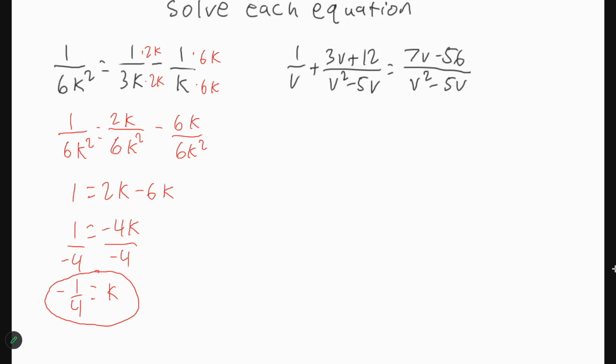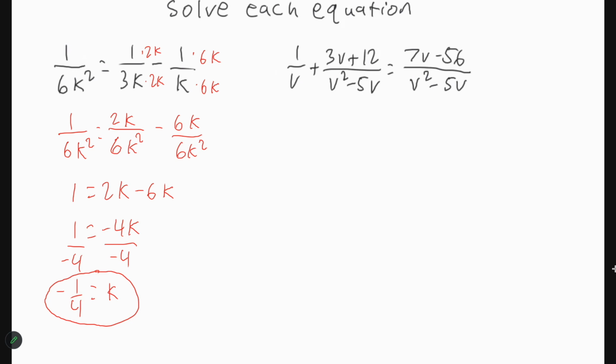Alright, for the second one, now we have some binomials. With the binomials, we're going to have to factor, at least to know possibly what our common denominator would be.